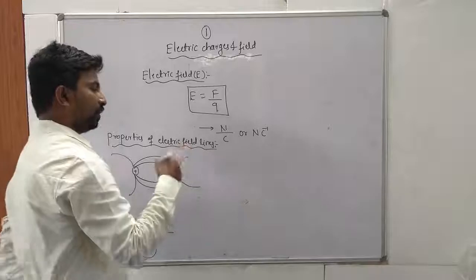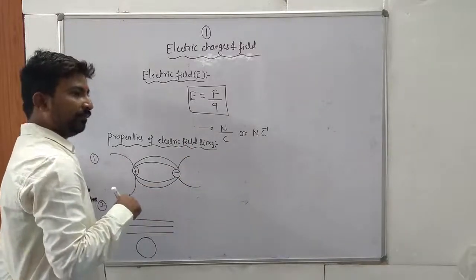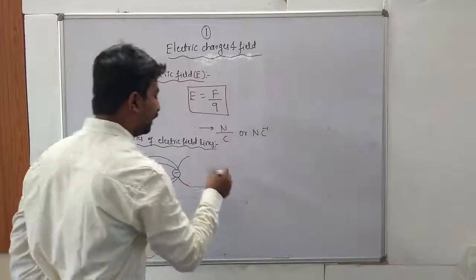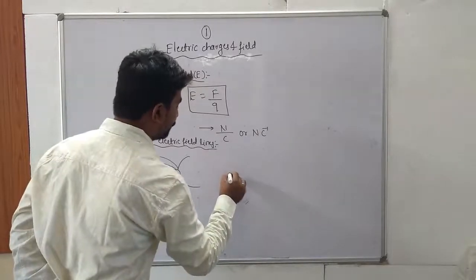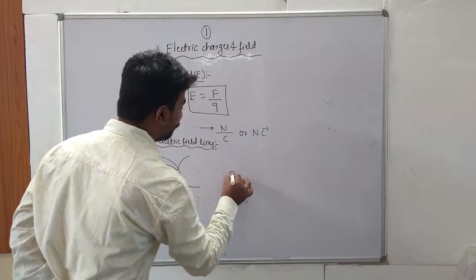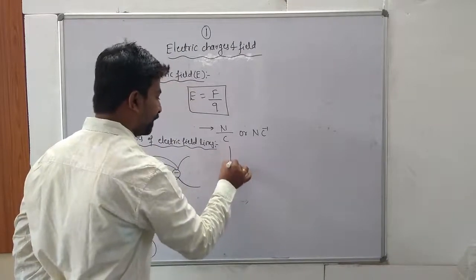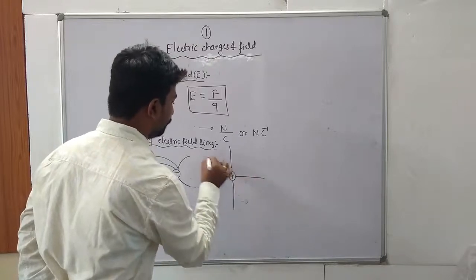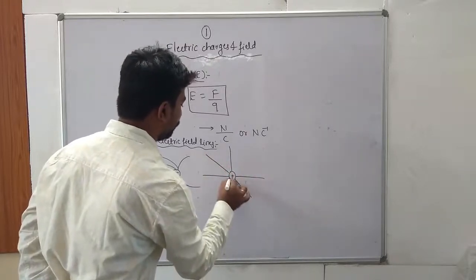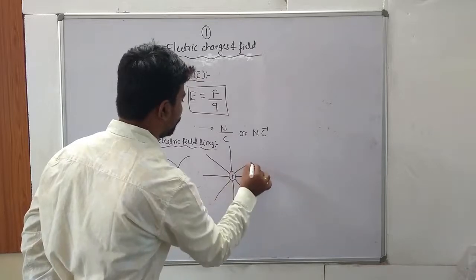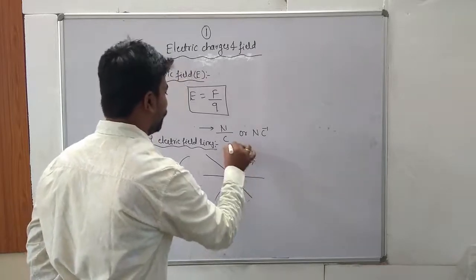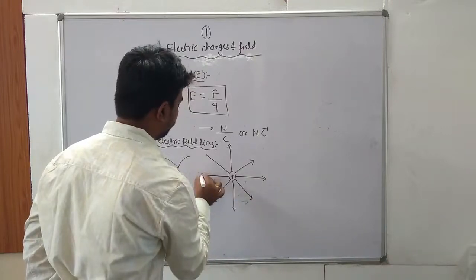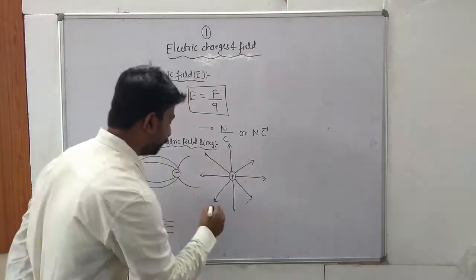So suppose, draw the diverging field lines around a unit positive charge. How to draw the diverging field lines around a unit positive charge? First we can write positive charge. So diverging means arrow marks pointing outside.